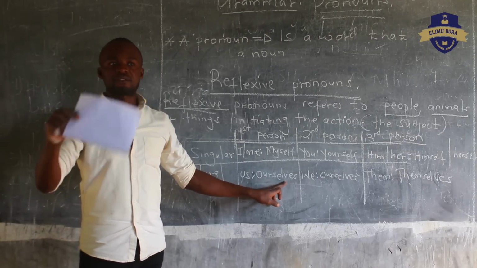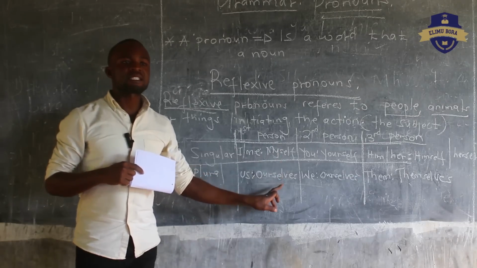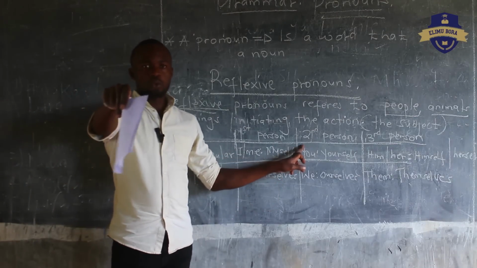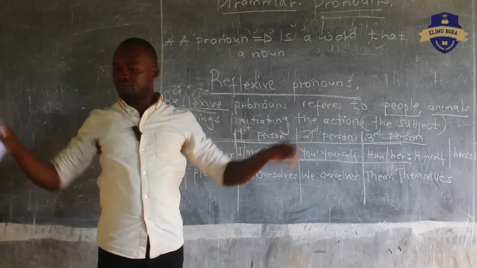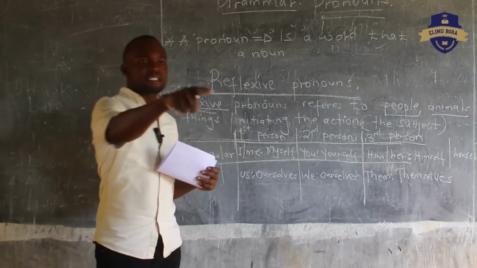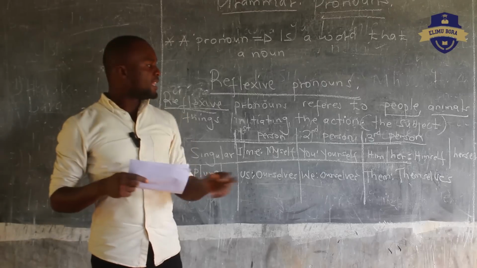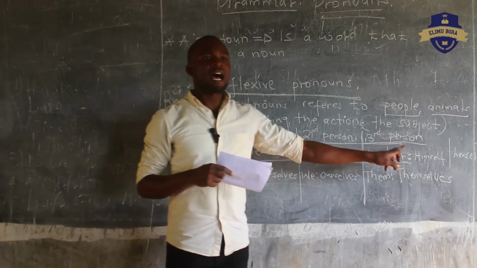Say ourselves. Myself, ourselves. Second person, you. Yourself, ourselves. Then we are referring to the third person, which is him or her.